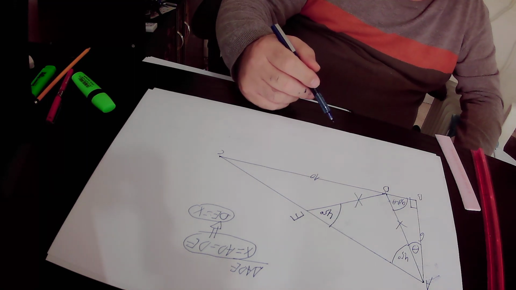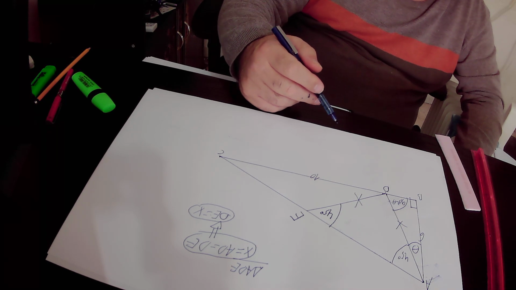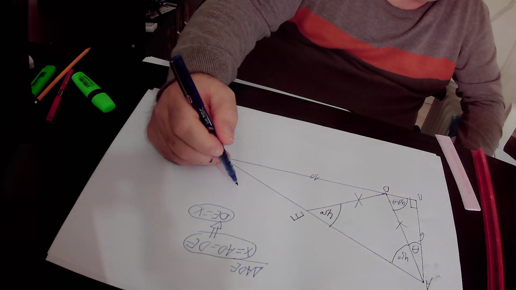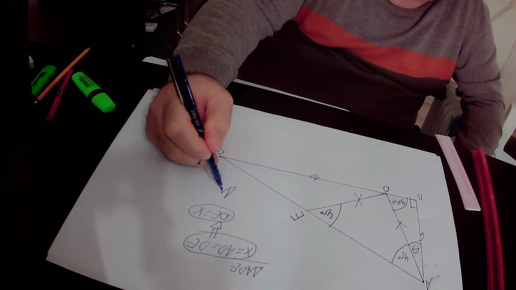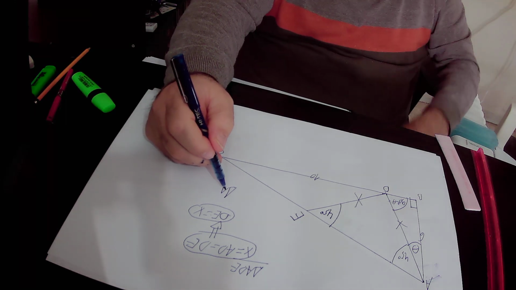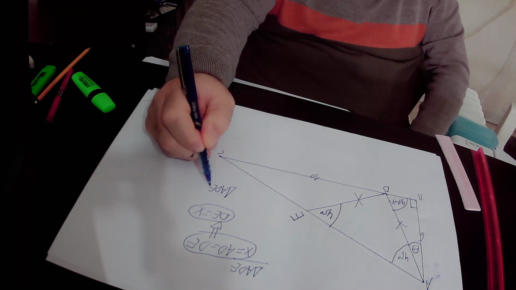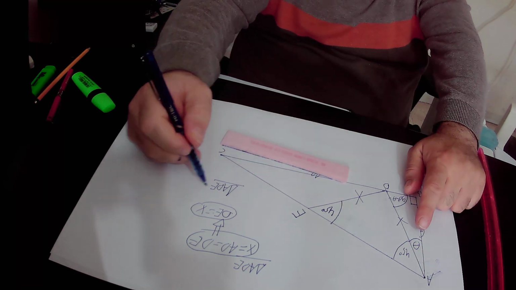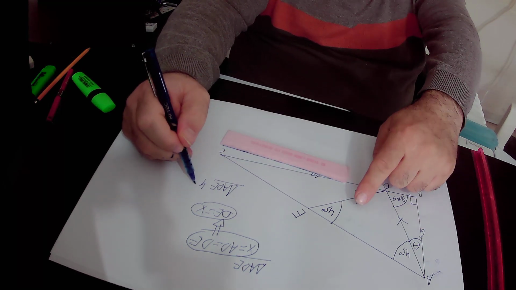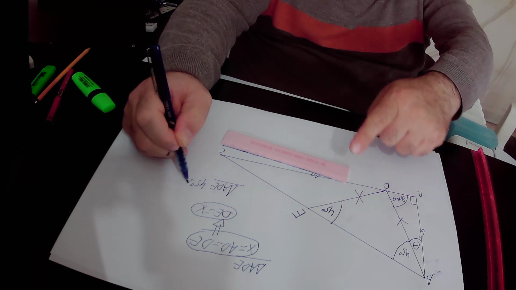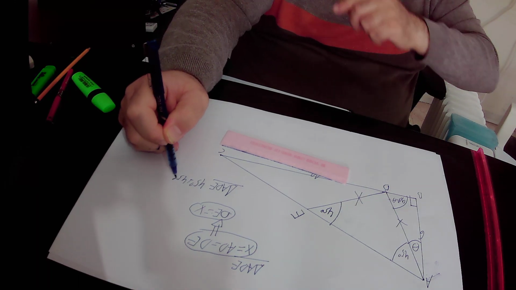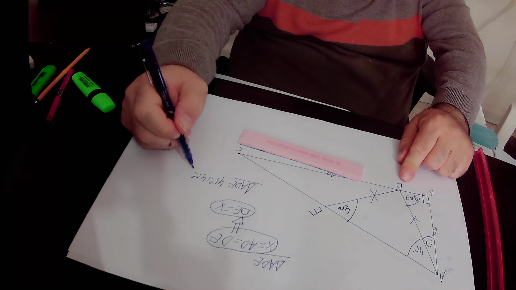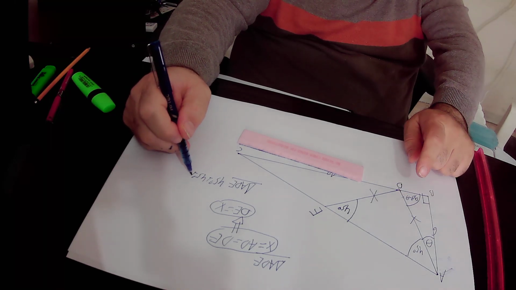In triangle ADE, we know that the sum of the angles must be equal to 180 degrees. So which angles do we have inside triangle ADE? We have one angle that is equal to 45 degrees. This angle is also equal to 45 degrees. Plus the missing angle, angle ADE, this angle.